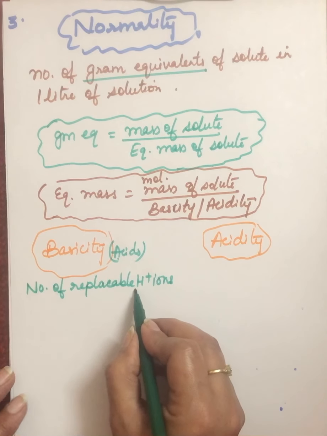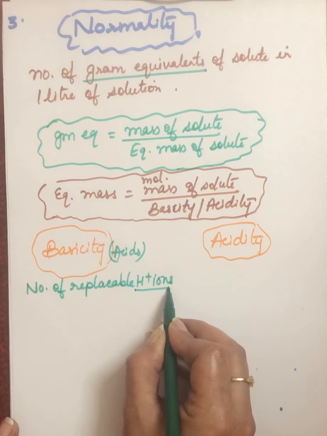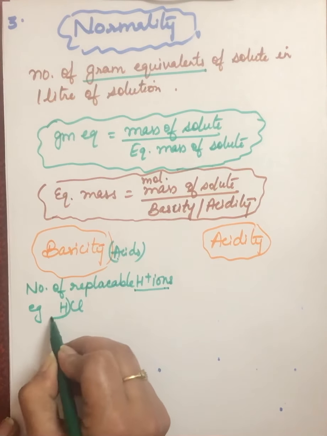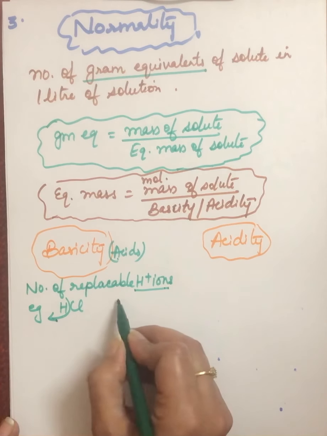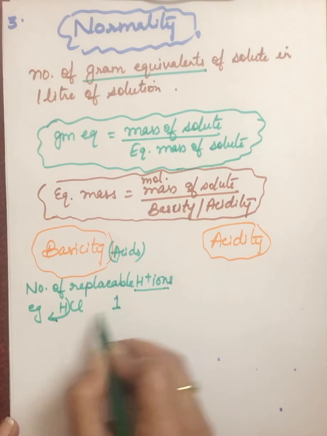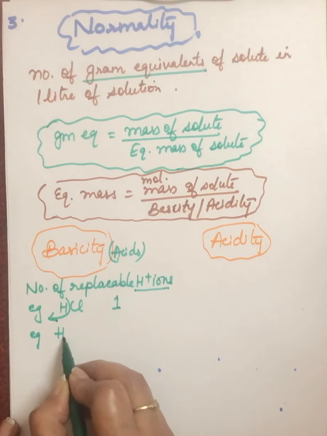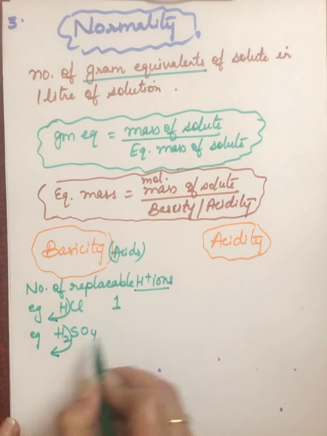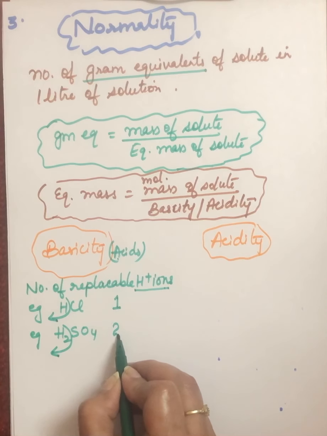So how many H plus ions are replaceable in an acid, that is equal to its basicity. Like HCl, one hydrogen ion is replaceable here. So basicity of HCl is 1. Second example is H2SO4. 2 hydrogen ions are replaceable here. So its basicity is 2.